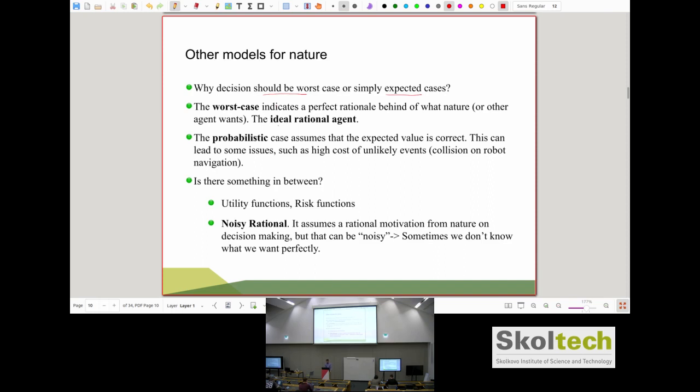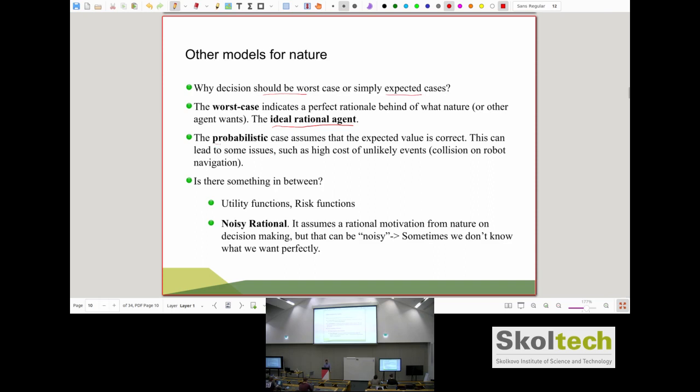In this case, this is an ideal rational agent. Or for instance, if you are playing a game against another person, both of you want to win. So let's call it, instead of nature, the other player, whom you don't know what they are thinking about. There's some rationale. Both of them want to win. It's not that the player you're playing against doesn't want to win.